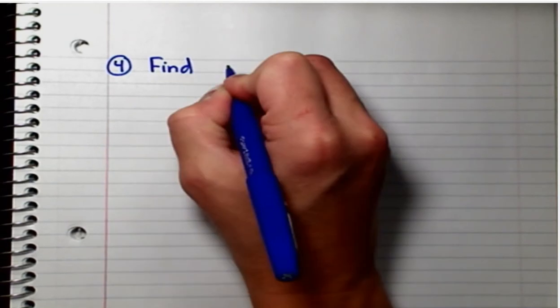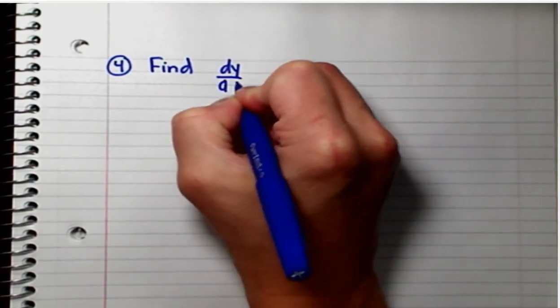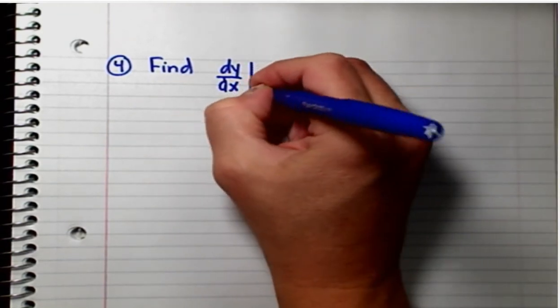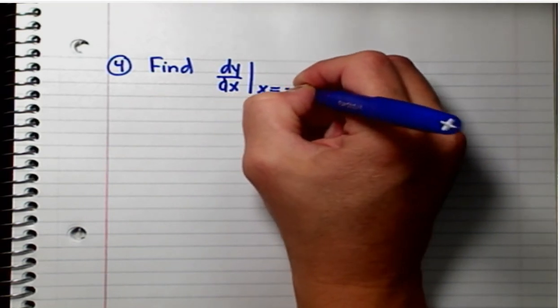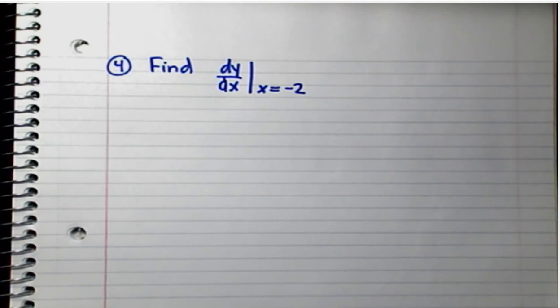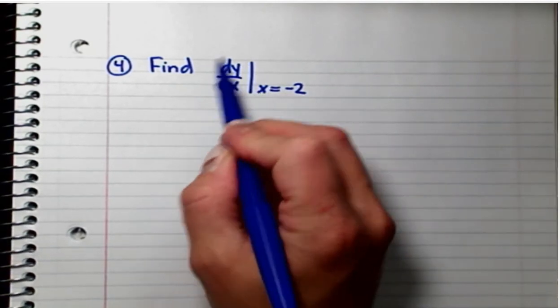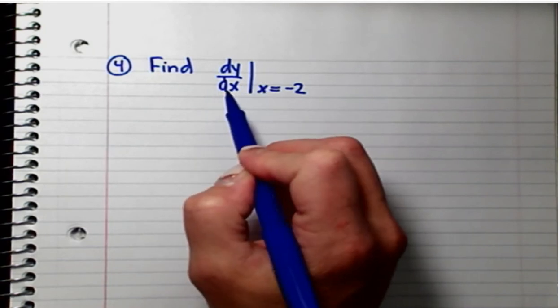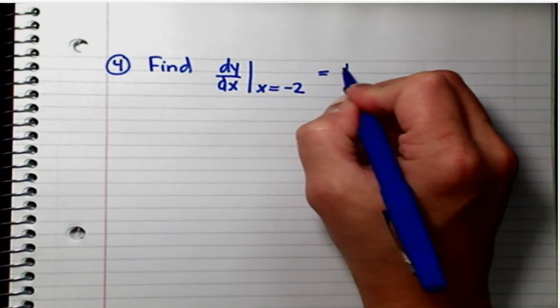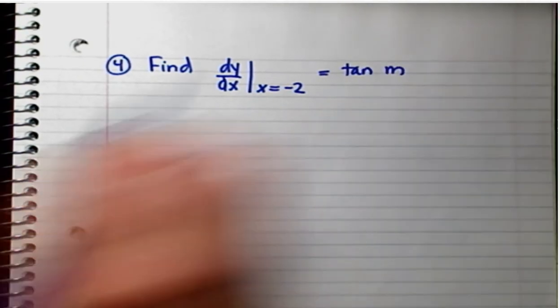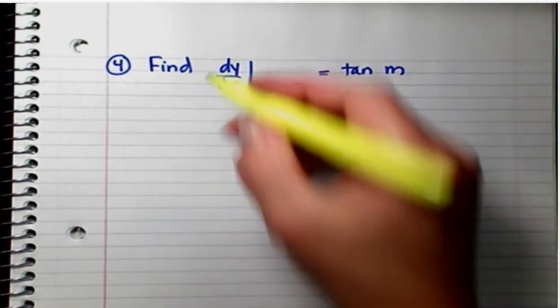And then we'll put some of it together. Okay. Find dy/dx at x equals -2. You're like, oh, that looks kind of funny. Yeah. Find the derivative when x equals -2. So this is tangent slope, right? So I'm translating.